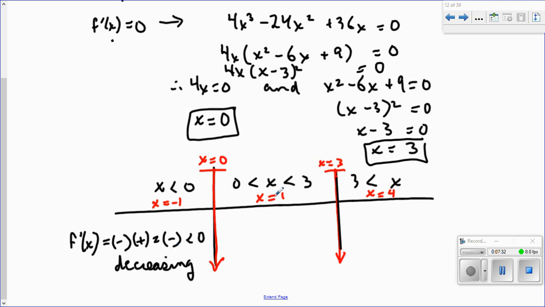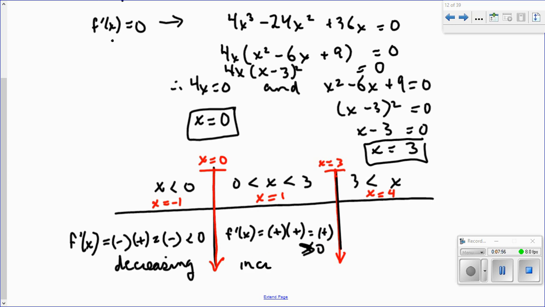Okay, when x equals 1, I have a positive and another positive. It's always squared, so it's always positive, no matter what my value of x is in the x minus 3 quantity squared, it's always positive. So now my derivative is a positive and a positive and a positive, which is always greater than 0.